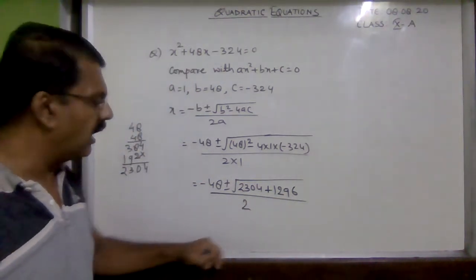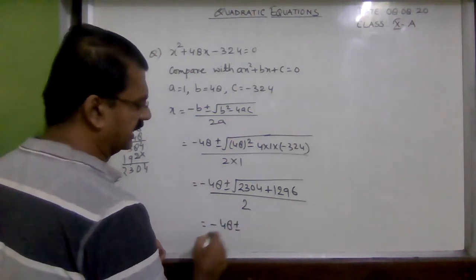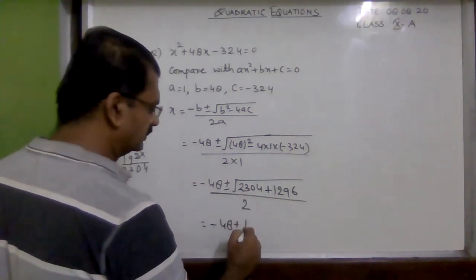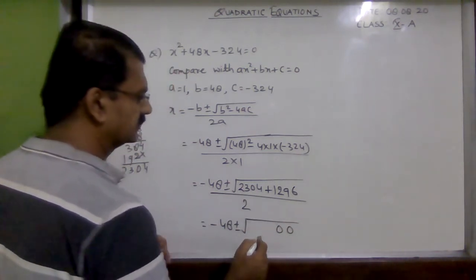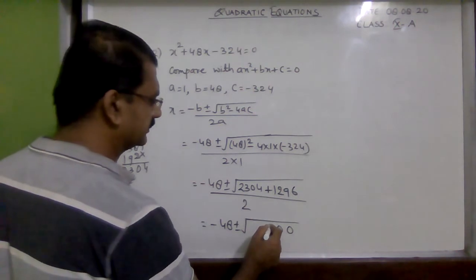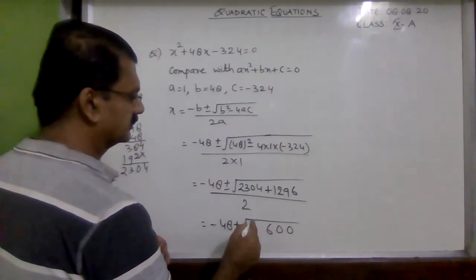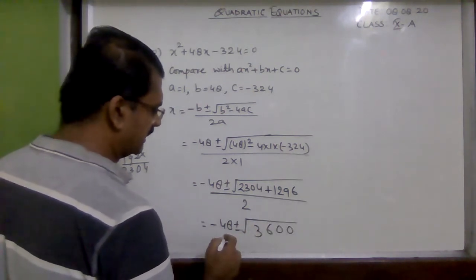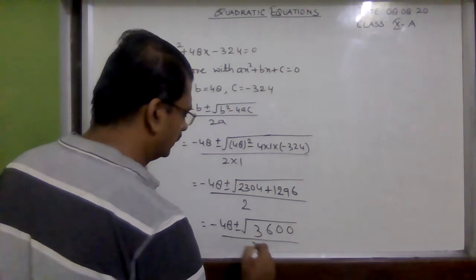Now it is −48 plus minus, now you add them. When we add it, it is 3600 upon 2.